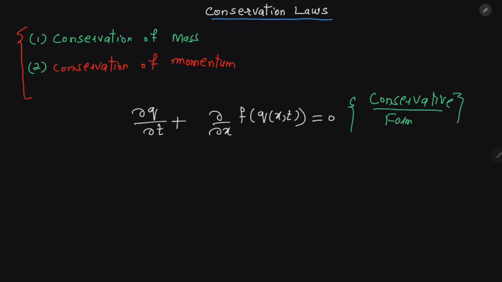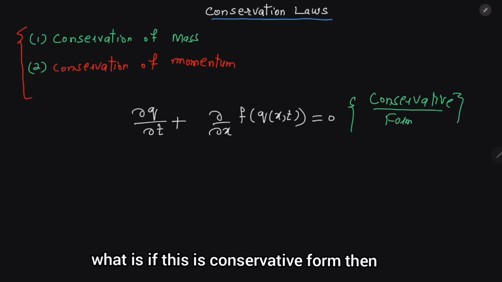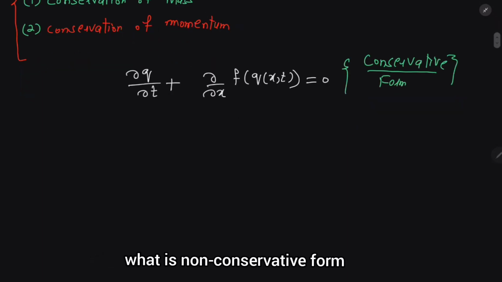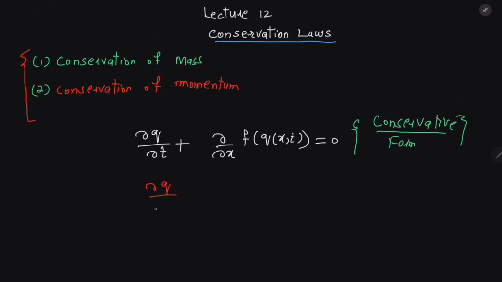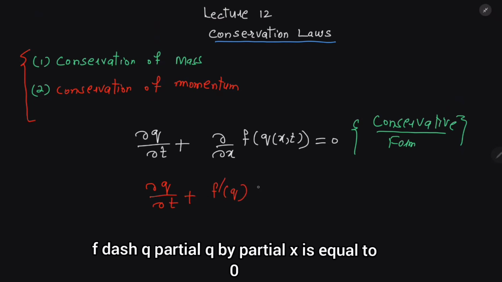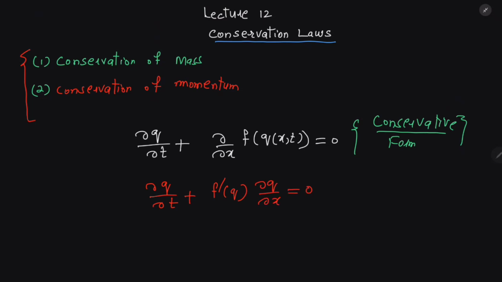So if this is the conservative form, then what is the non-conservative form? The non-conservative form is written like this: partial q by partial t plus f dash of q times partial q by partial x is equal to 0. Here we applied the chain rule.